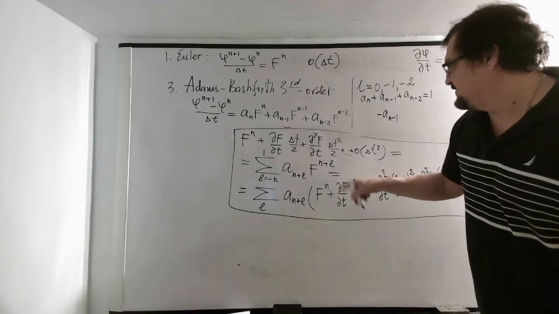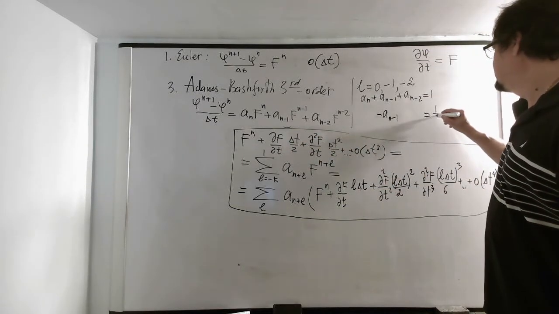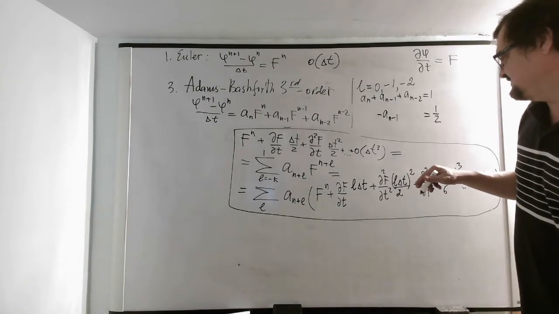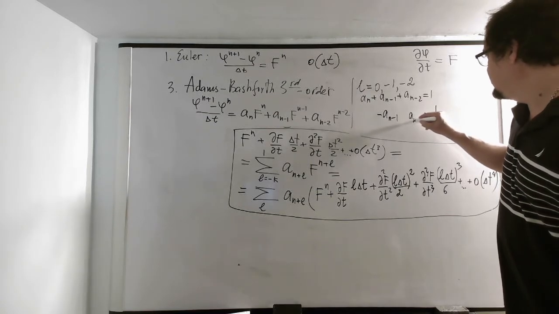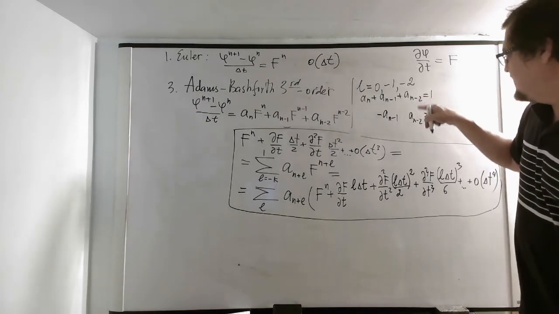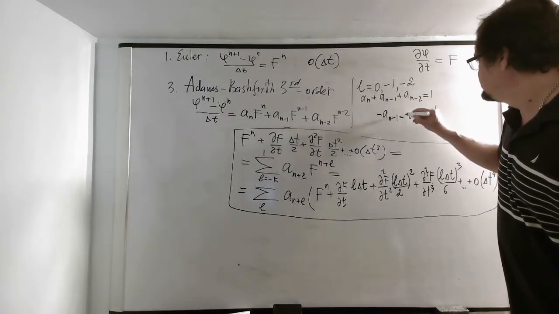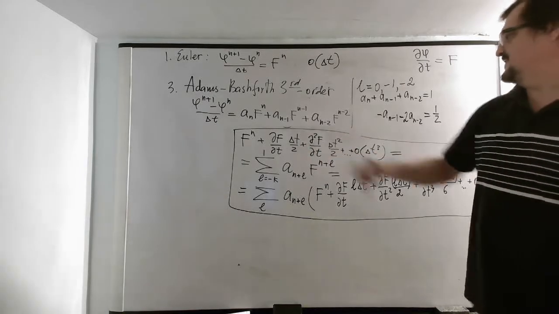And this is first derivative, so it's 1/2. And for a n minus 2, L becomes minus 2, so it's minus 2 equals to that, to 1/2, to this guy.